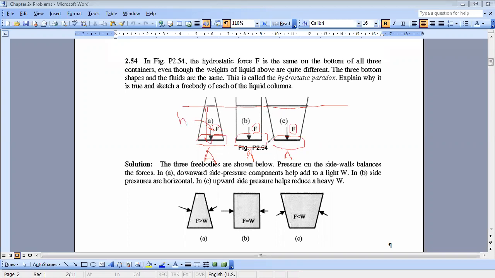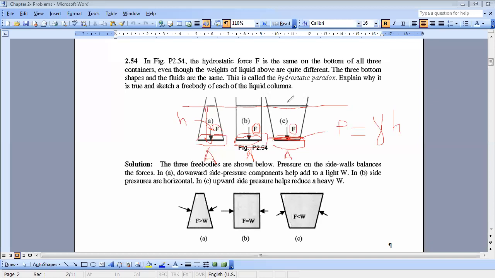So if you just look at this figure, F is due to the pressure forces acting on this area. And you know that since I have a static fluid, everywhere in my area, since I move in the horizontal plane, I will have the same pressure, which is equal to gamma of the fluid times the height h.